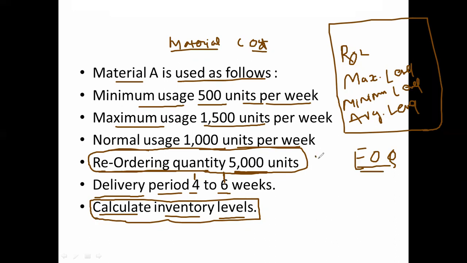That is already given in the question, so no need of calculating EOQ here. So the other levels we will calculate: reorder level, maximum level, minimum level, and average level. We have already done the formulas and illustrations on these inventory levels. So now you should know the formula for how to calculate reorder level, and apply it.